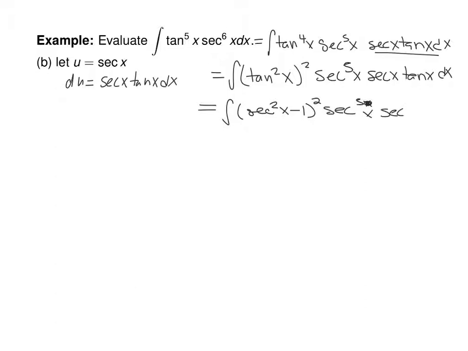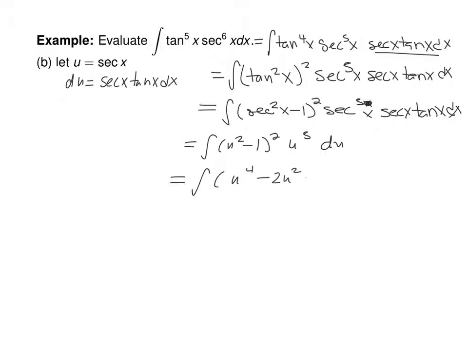Times secant x tan x dx. So making our substitution, that becomes the integral of u squared minus 1, the quantity squared, times u to the fifth du, which in a pretty similar fashion to the previous example, u to the fourth minus 2u squared plus 1 times u to the fifth.